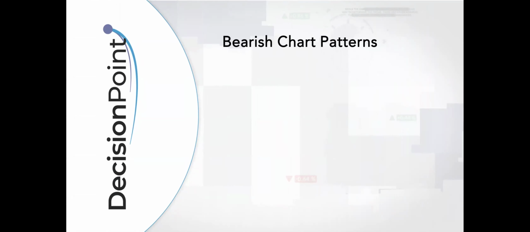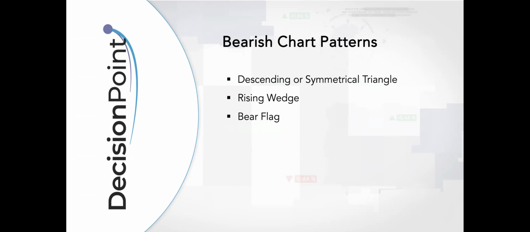So now we'll talk about the bearish chart patterns. We have the descending or the symmetrical triangle. We have the rising wedge. We have a bear flag. You can imagine what that might look like.